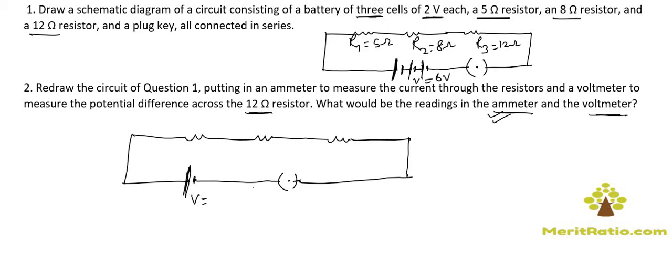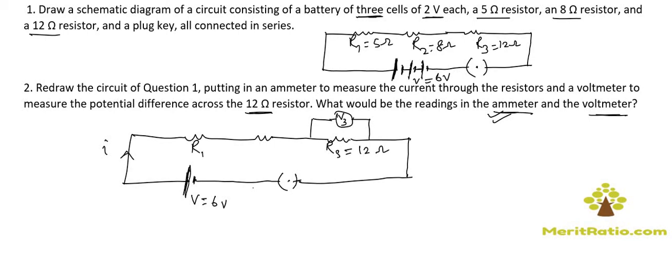So V is equal to how much? 6 volt. And it is asked to find the value of I. Since in series combination the value of I remains the same across each resistor, but in this question it is asked to find the value of voltage across the 12 ohm resistor.